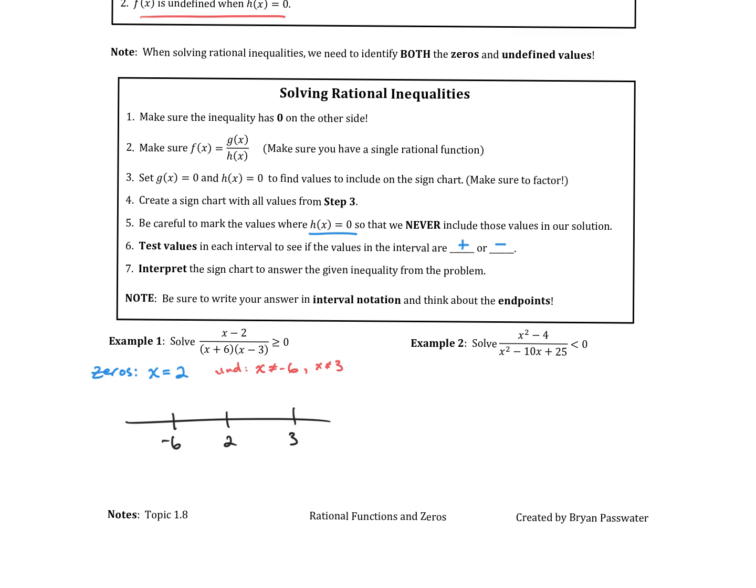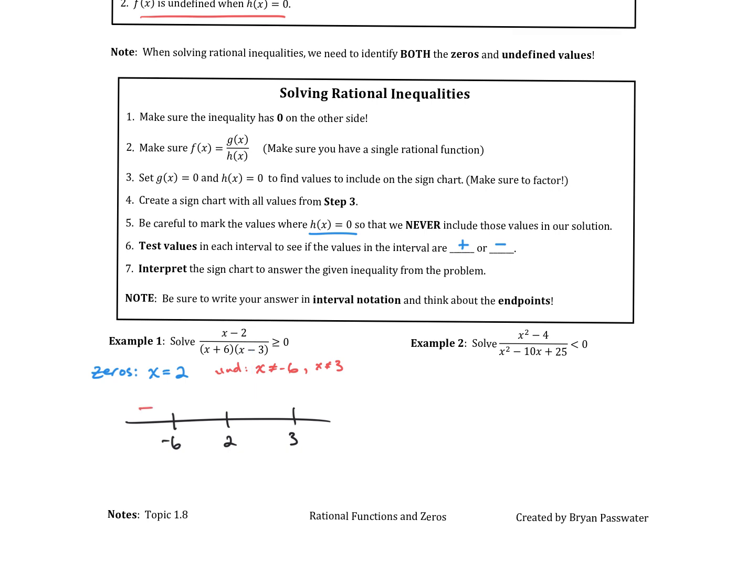Let's pick something left of -6, like -7. When I substitute in -7, I get a negative over a negative and a negative, so that's a negative.